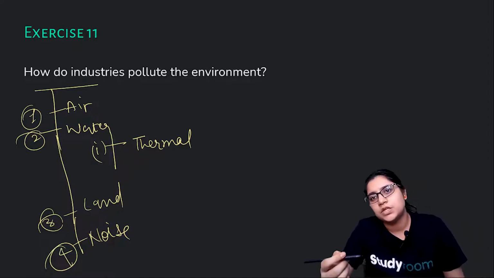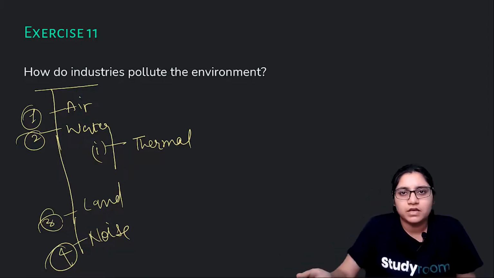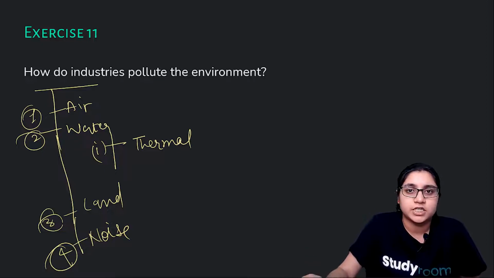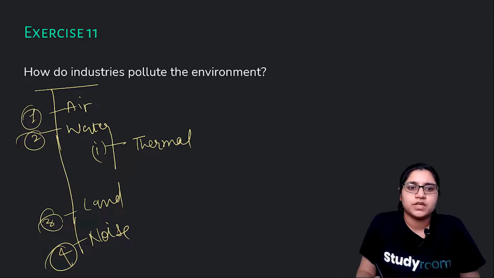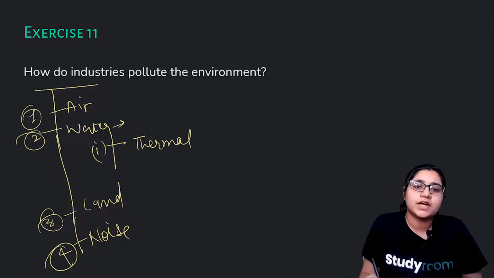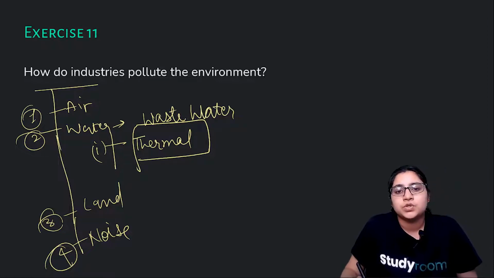So air pollution: sometimes toxic elements are suspended in the air, which causes respiratory diseases. All right. Then we have water. They discharge their water without treating it. Sometimes wastewater goes directly without a WTP, a wastewater treatment plant.